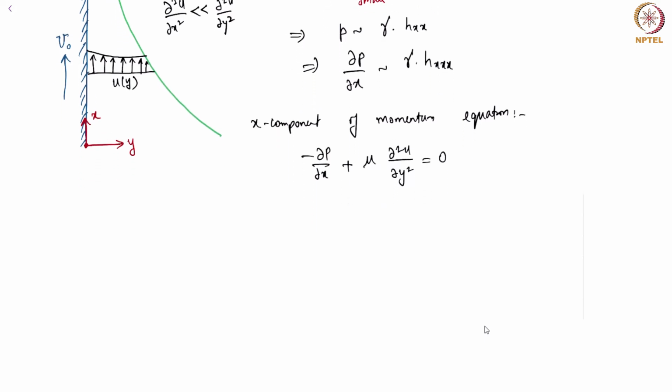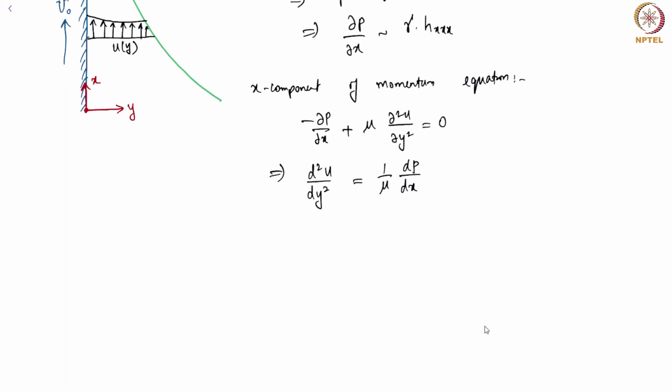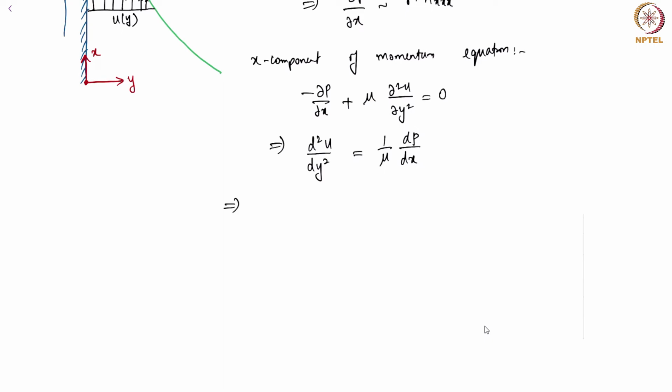Now, from this equation, if I say that the velocity is a function of y alone, I can write it as a total derivative. The pressure gradient is primarily because of the curvature term, and therefore I can integrate this.